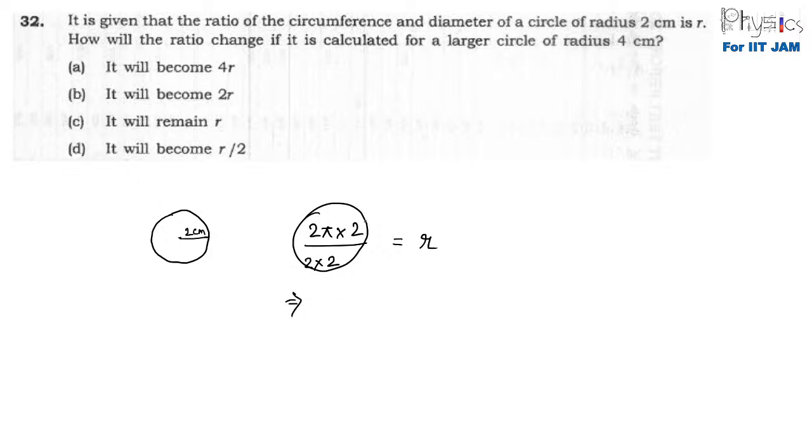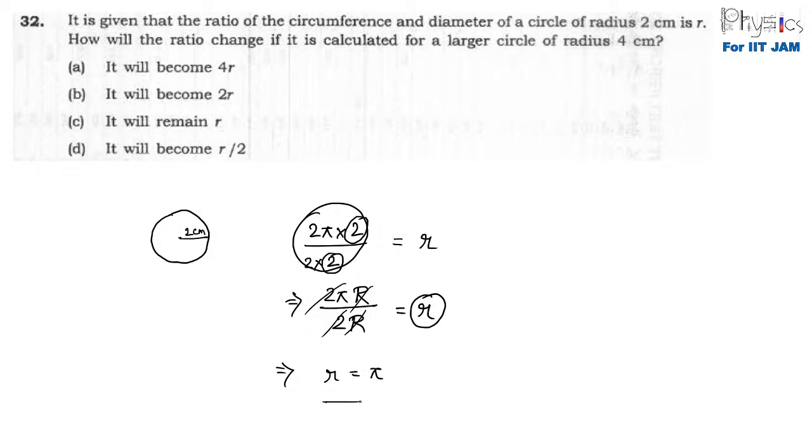So if we don't put the value of radius here, the radius is capital R, that means 2 pi capital R by 2 capital R, that is equal to R. So we have the value of R as equal to pi, because it will cancel out and we will have R equal pi.